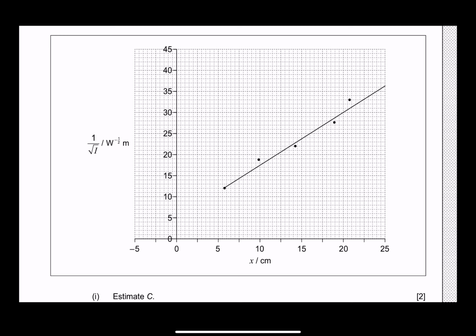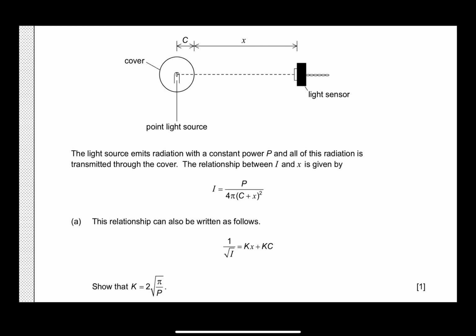And let's go back for a second and look at the expression from the previous page talking about 1 over radical I. And here it is. So we have 1 over radical I is some constant times x plus the same constant times c, which is a defined constant being the radius of the cover around the light source.